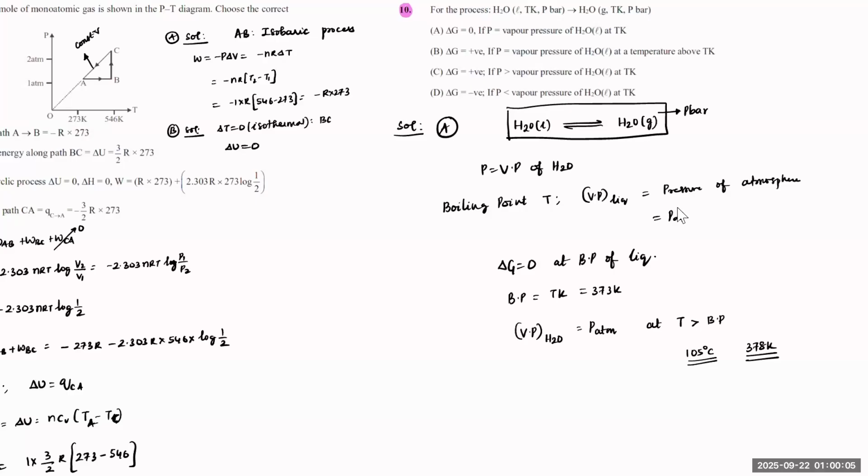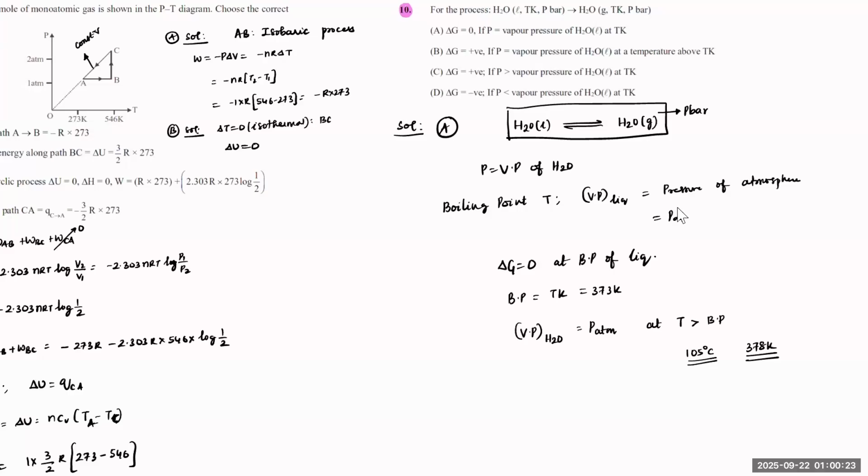The maximum temperature the water can reach is 100 degrees, imagine it is an open vessel. That is the maximum temperature the liquid water can attain, because beyond that everything will start vaporizing, isn't it? Because that is the boiling point.